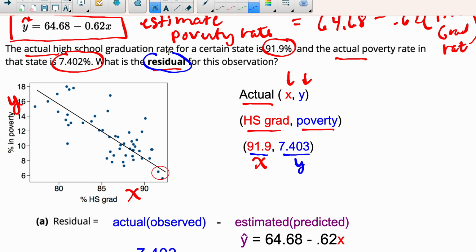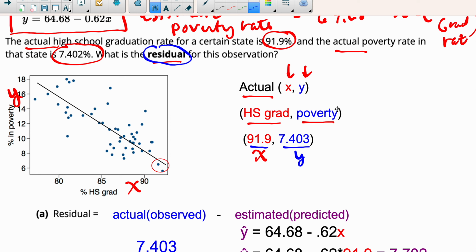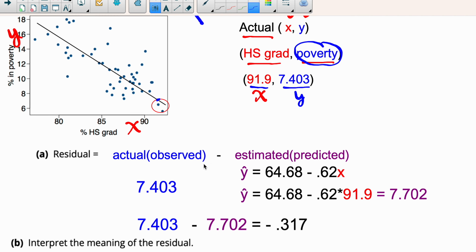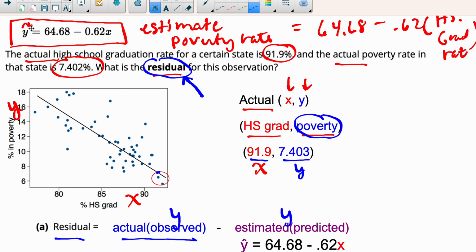What is the residual? Well, the residual is telling us how far away the actual rate, in this case poverty, is from what the line predicts. We just want to know how well the line will predict poverty rate. So residual is actual Y, minus the estimated or predicted. To get the estimated rate, we need to use this equation.